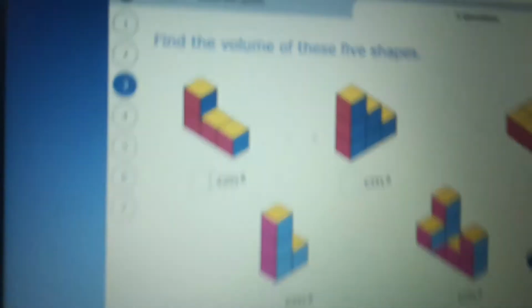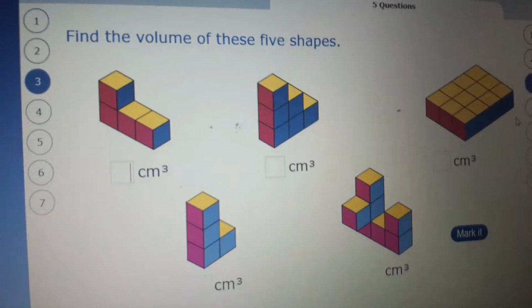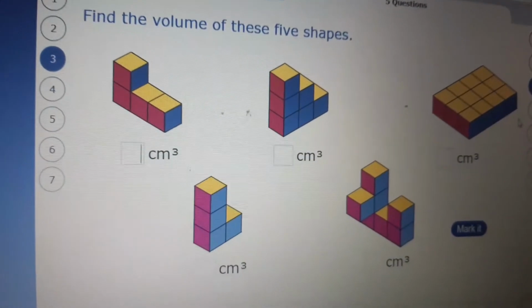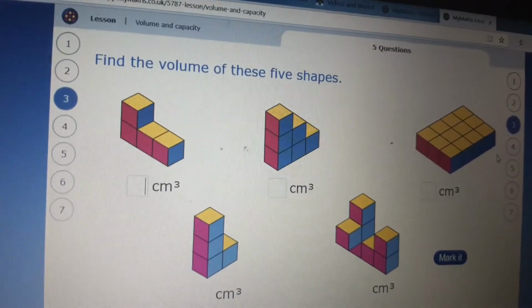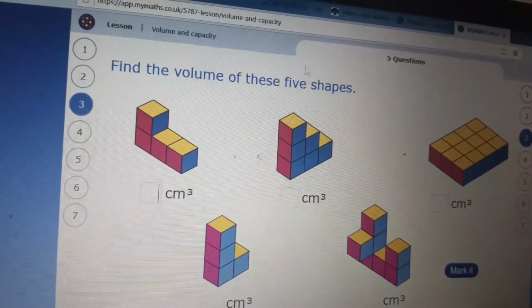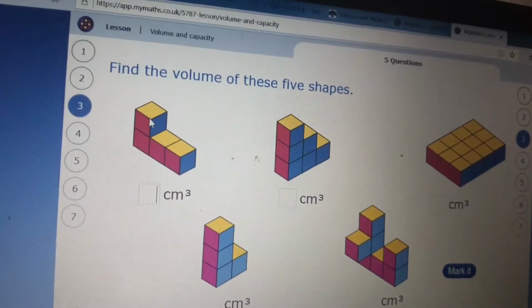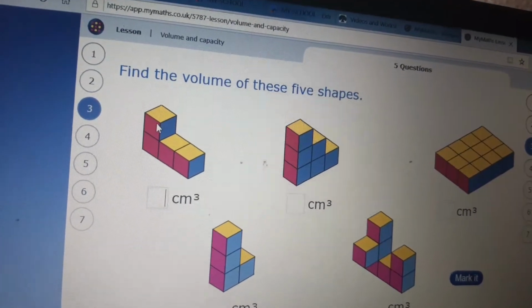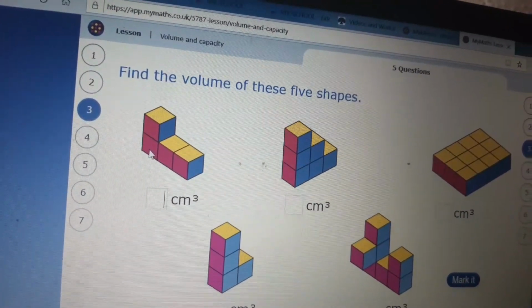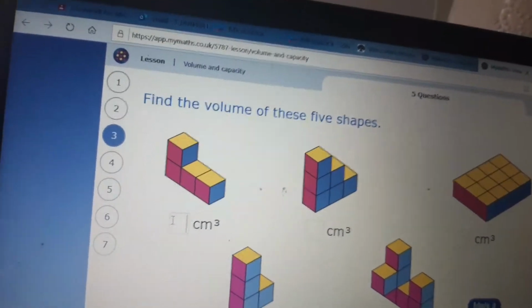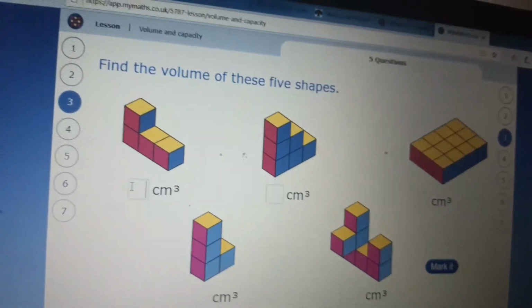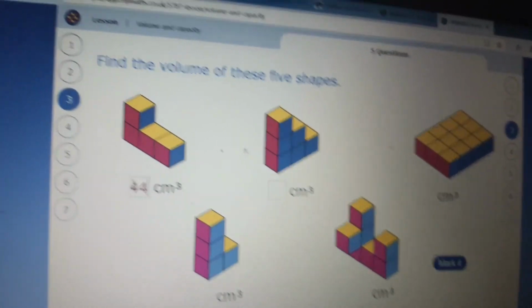I'm going to show you something on the laptop now. This is from a program that you're going to look up called My Maths. So for this top one here, where are we? So you count the cubes. 1 on the top, another 1, 2, 3, 4 cubic centimetres. Oh, why did that go in? 4.